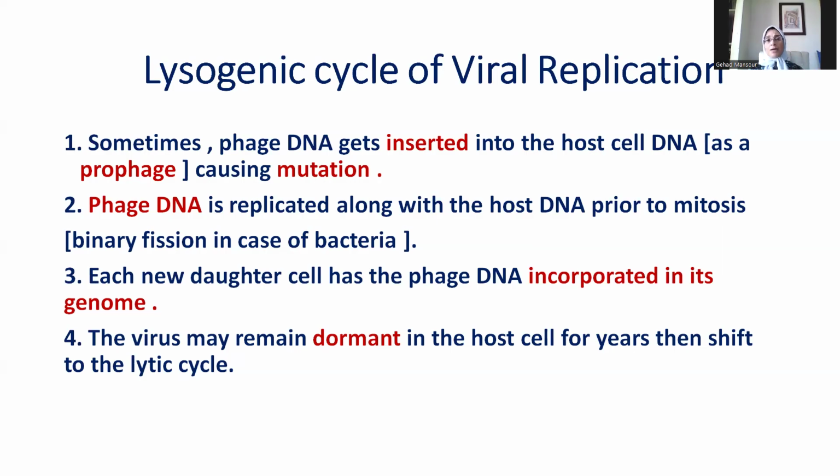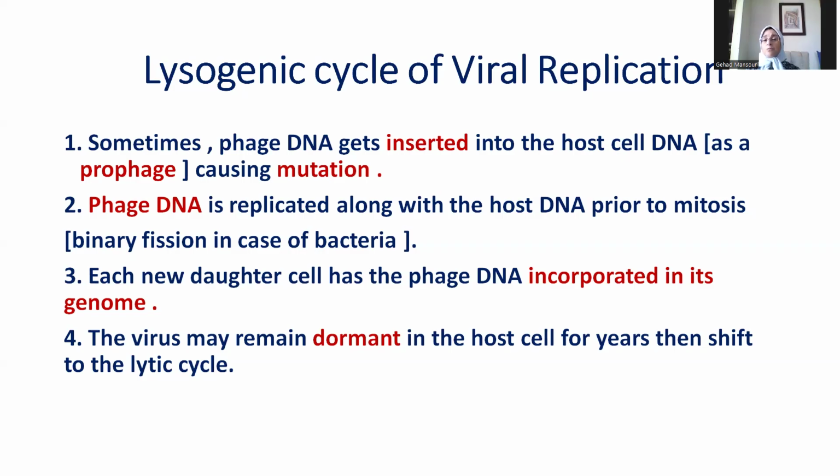So what is the lysogenic cycle? In the lysogenic cycle, the first steps are common, meaning that is there attachment of the phage to the bacterial cell wall? Yes. Will it inject its DNA inside the bacterium? Yes. But will this viral DNA take over? No. This is the difference.